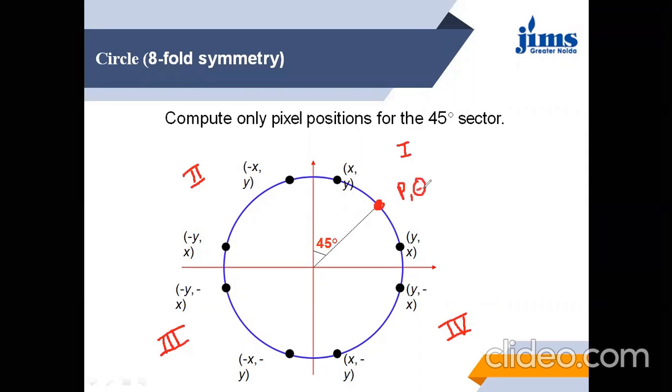Suppose the coordinates of a point in this quadrant are p and q, meaning this is p on the x-axis and this is q on the y-axis. So from the symmetry, we can find that the values in this quadrant are positive.